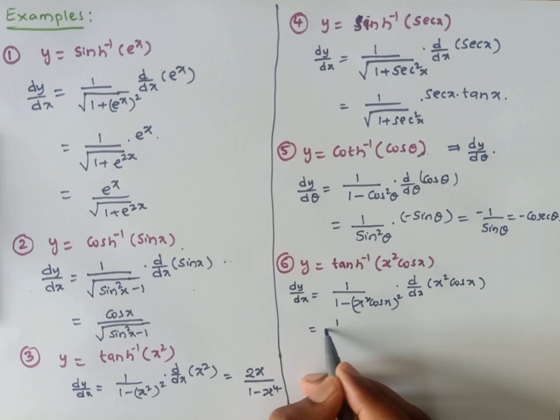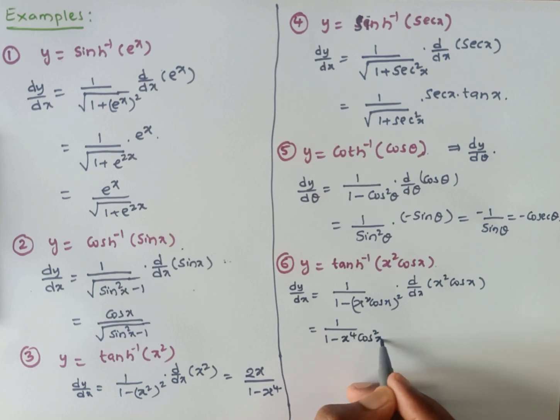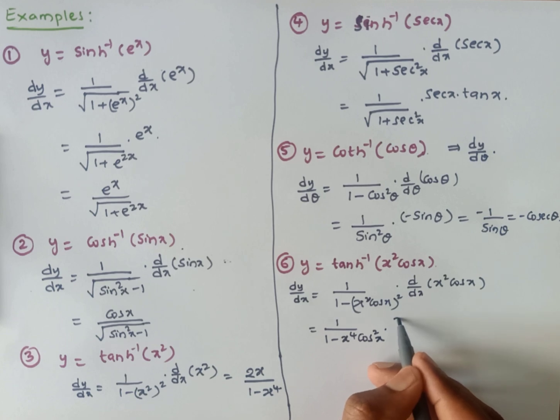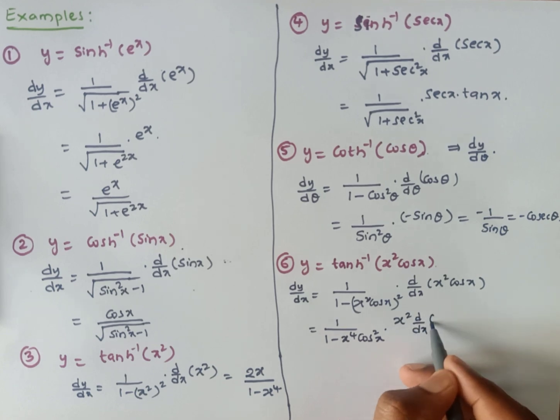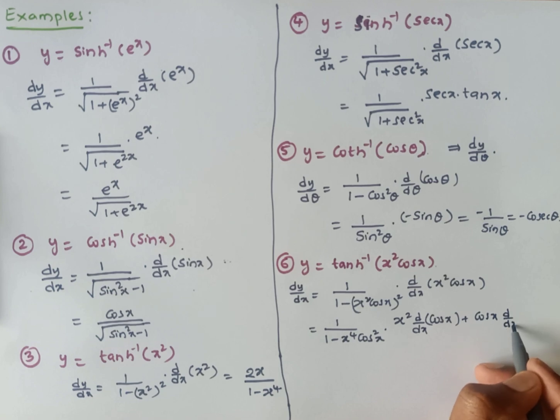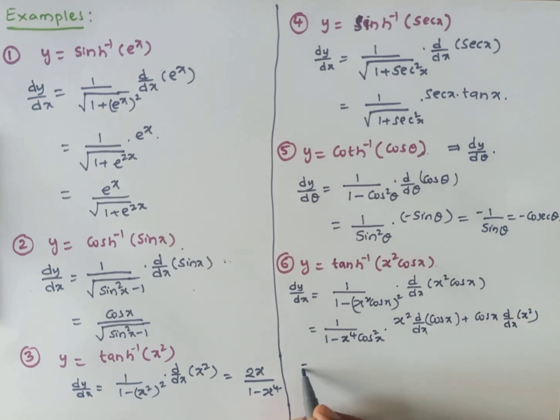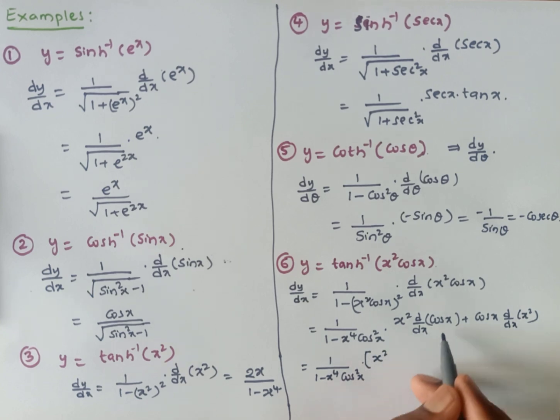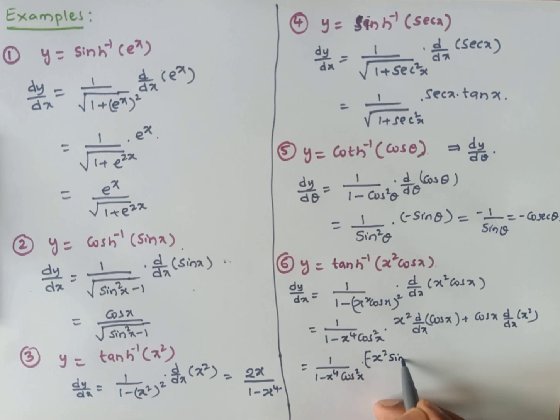So this is 1 divided by 1 minus x to the power of 4 into cos square x, into the derivative of this. Here we apply x square into d by dx of cos x plus cos x into d by dx of x square. The derivative of x square into cos x is x square into minus sin x plus cos x into 2x, since the derivative of x square is 2 into x to the power of 2 minus 1, which is 2x.